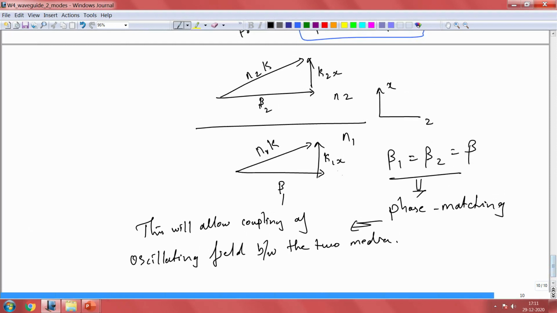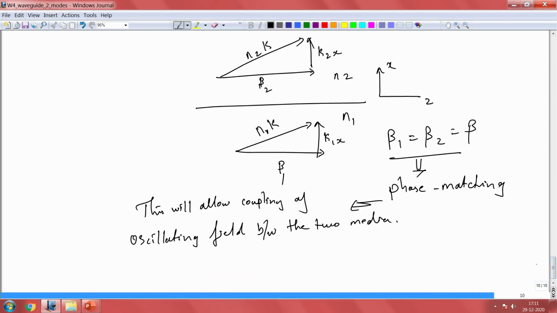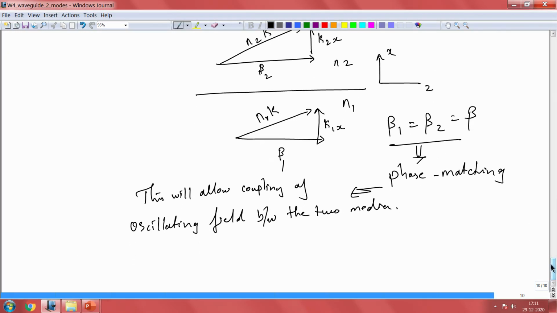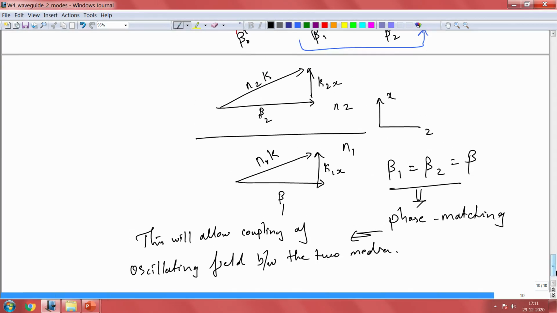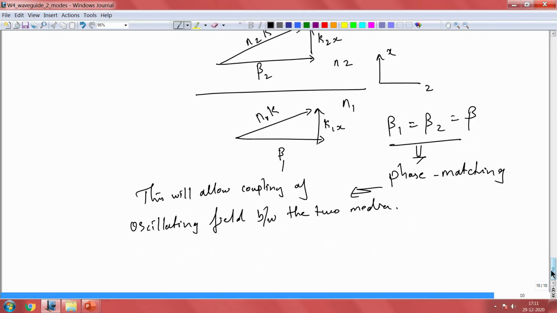So, we want to make sure that the light is confined inside one medium, in this case n1, right. So, we need to make sure that the propagation constant in n1, which is the core, and the one in the cladding here, that is beta 2, these two should be equal, only then we can propagate the light here.